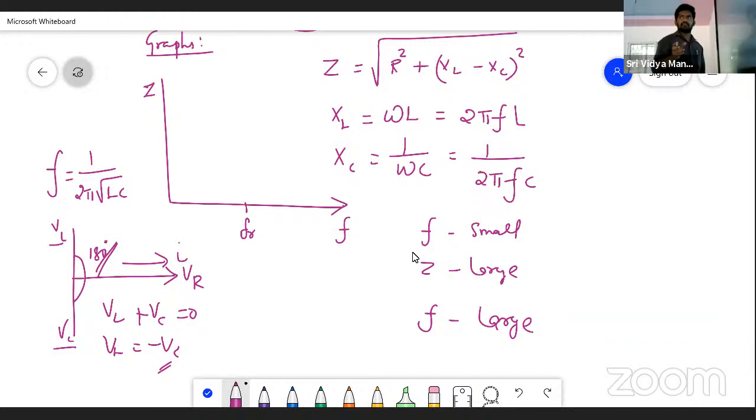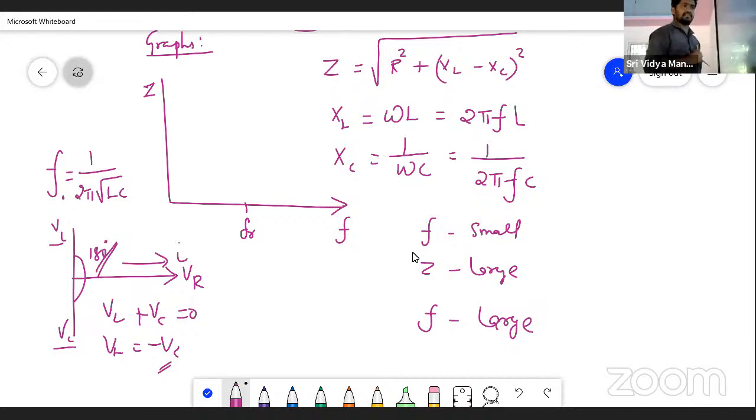Now we are discussing the topics. F small means before reaching the resonance frequency, the RLC circuit behaves as a capacitive circuit. This is the condition of resonance frequency: FR is equal to 1 divided by 2 pi square root of LC.